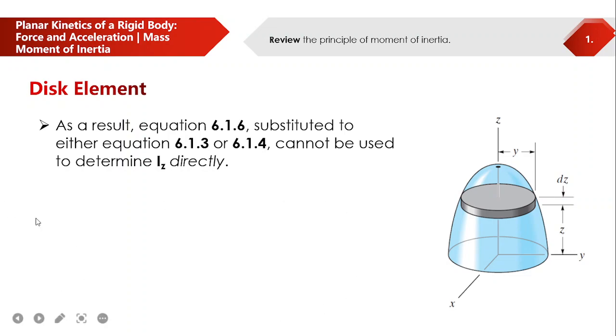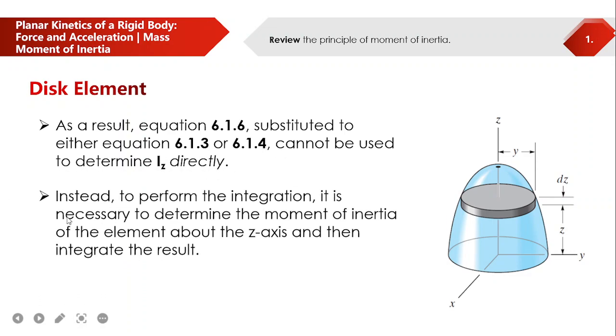So this cannot be used to determine I sub z directly. Instead, to perform the integration, it is necessary to determine the moment of inertia of the element about the z-axis and then integrate the result. So we first determine the moment of inertia at that element, then integrate from 0 to the upper limit to solve for the moment of inertia of the whole body.